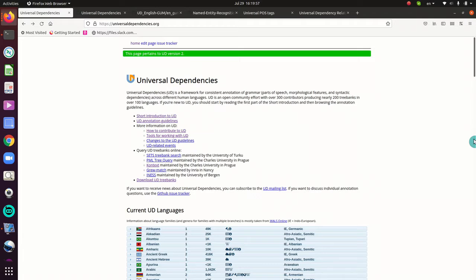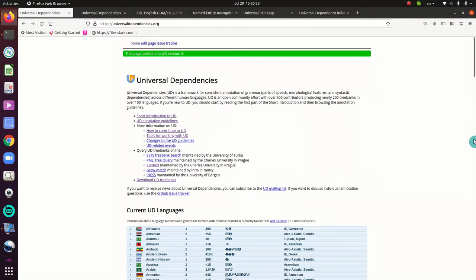The annotation scheme is based on an evolution of Stanford dependencies, Google POS tags, and Interset interlingua for morphosyntactic tag sets. The general philosophy is to provide a universal inventory of categories and guidelines to facilitate good and consistent annotation of similar constructions across languages, while allowing language-specific extensions when we want to do that.